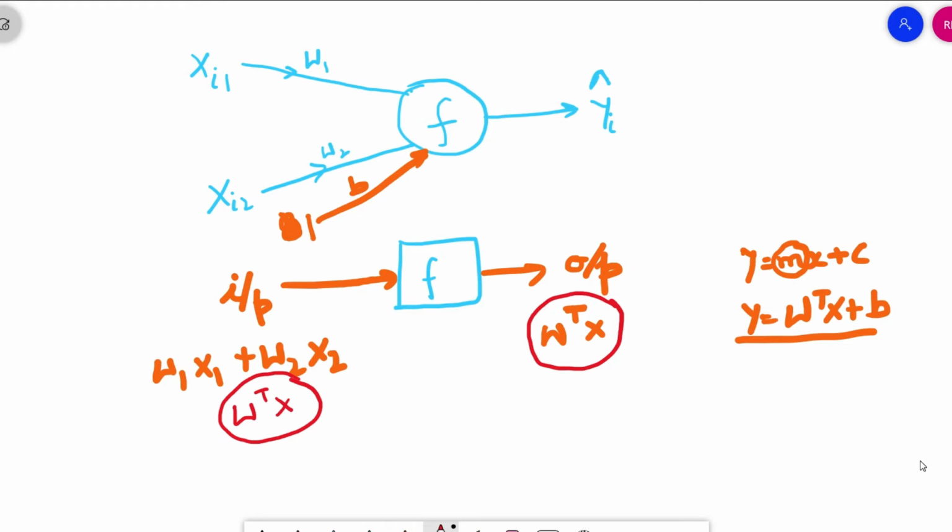So whenever a linear regression is implemented using a single neuron model, you will notice that the input and the output are of the same form. And as you would have studied in calculus, whenever the input and output are of the same form, and there is a function being applied to get from the input to the output, such a function is called an identity function.